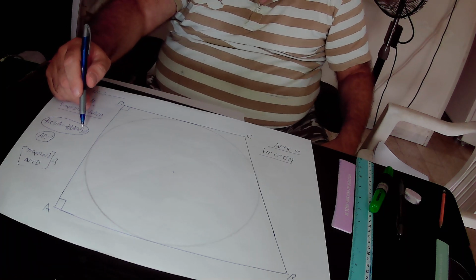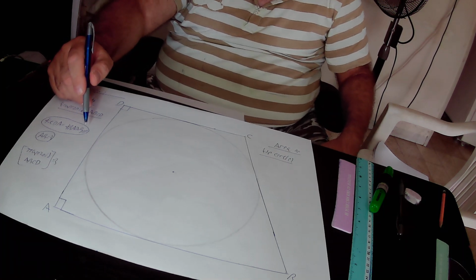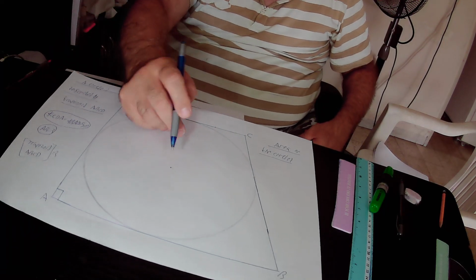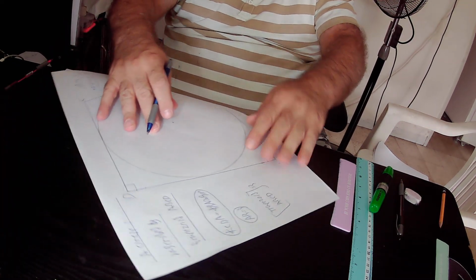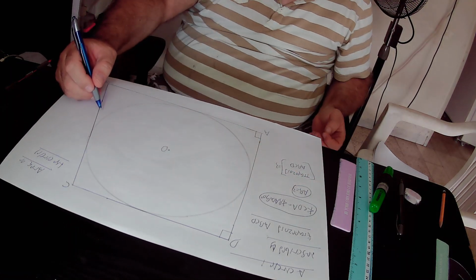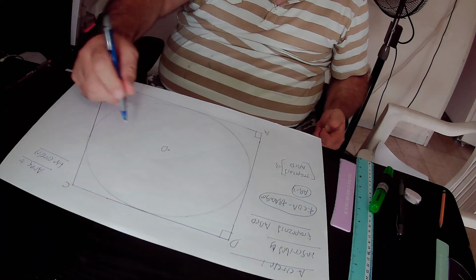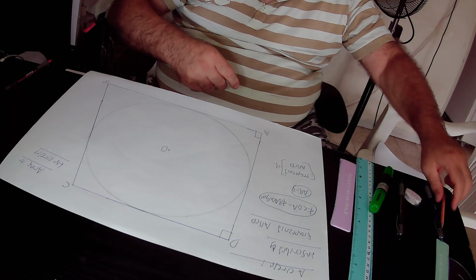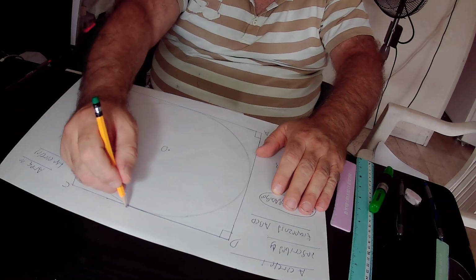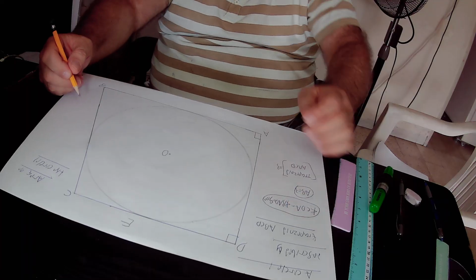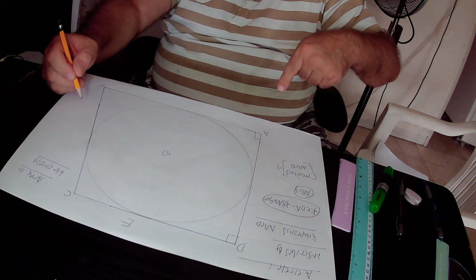So first of all, we'll define the relevant points of this question with letters. We'll define the center of this circle as point O. We define the point of tangency of tangent DC with this circle. This point is point E. Likewise, we define the point of tangency of tangent DA with this circle.